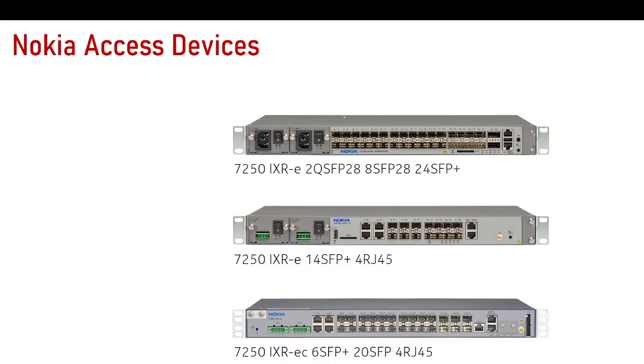You have 8 SFP, you have 24 SFP+, you can do 24 10G ports. And then we have the XRE that only has 14 SFP and 4 RJ45. We have the 7250 XREC. This one you can do 6 10G, you can do 2 1Gs, and then 4 RJ45 connectors. So these are the devices that you expect to find on an IPRAN network in the access layer where we are using Nokia as the vendor.